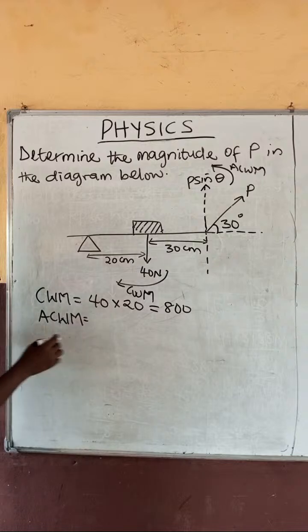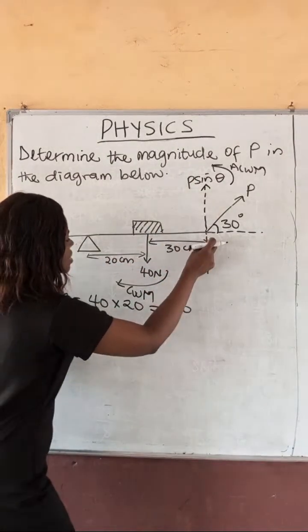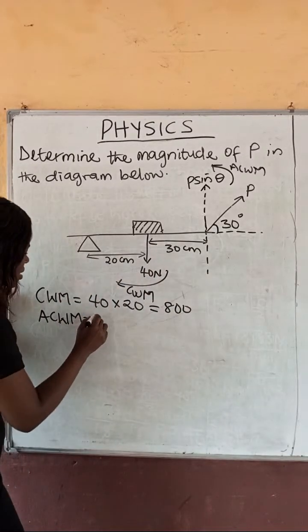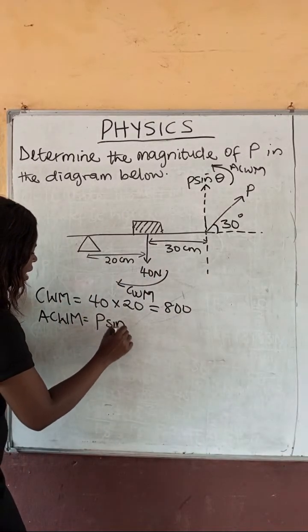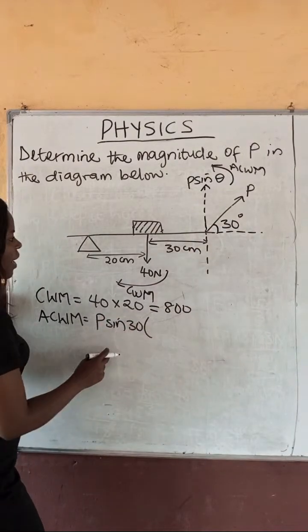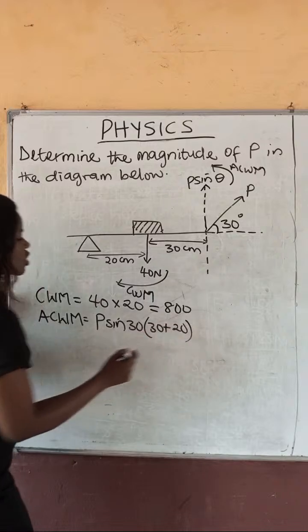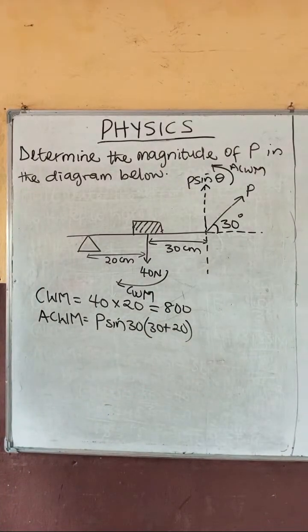Then the anti-clockwise moment. That is P sine theta. The distance is from here to here. That is P sine theta, my theta is 30, then bracket 30 plus 20. Do you understand?